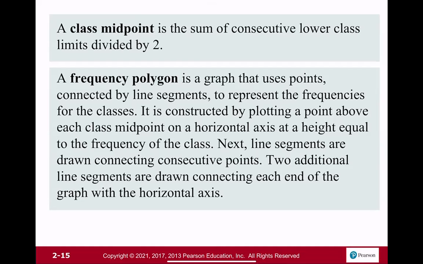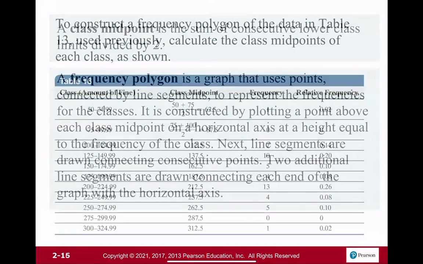It is constructed by plotting a point above each class midpoint on a horizontal axis at a height equal to the frequency of the class. Next, the line segments are drawn connecting consecutive points. 2 additional line segments are drawn connecting each of the ends of the graph to the horizontal axis.